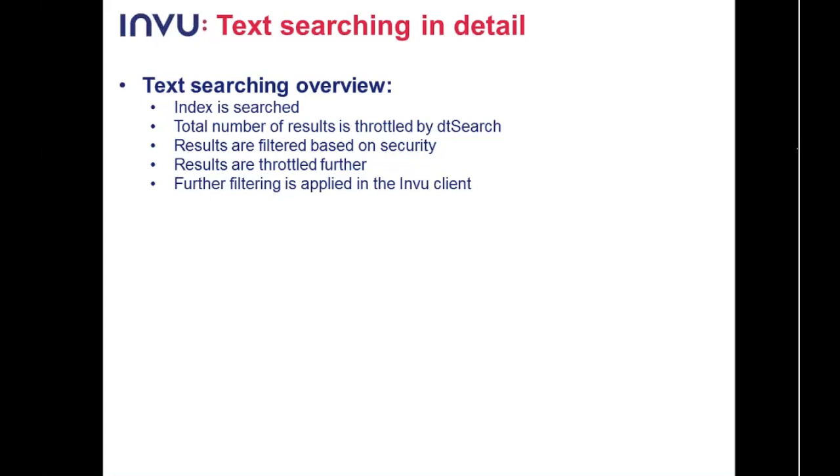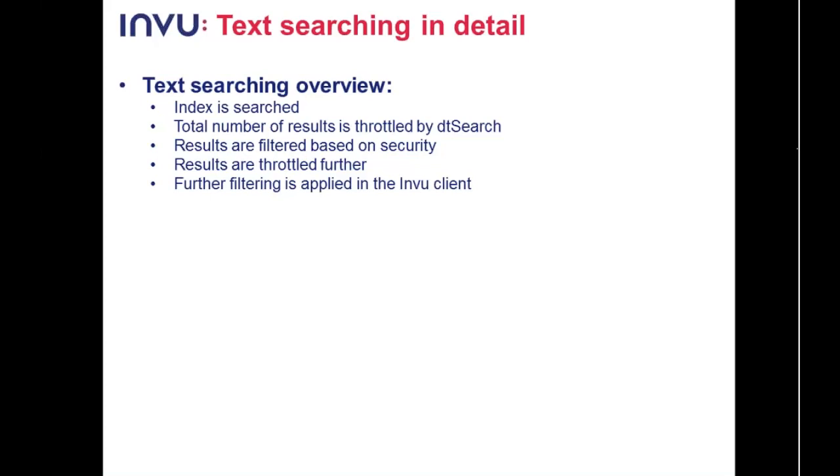The overall total number of results is throttled by DT Search, so that the system doesn't get flooded with loads of results. It's throttled and controlled so that the search mechanism is handled appropriately. The results, once they're returned, are filtered based on security in Series 6.